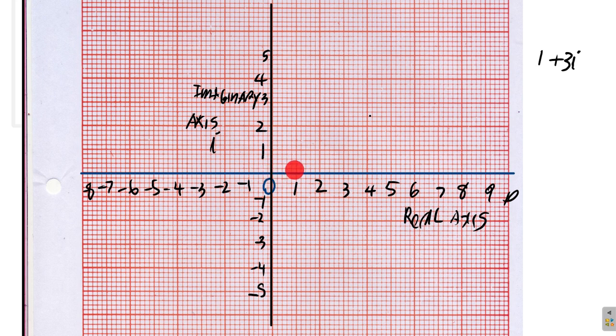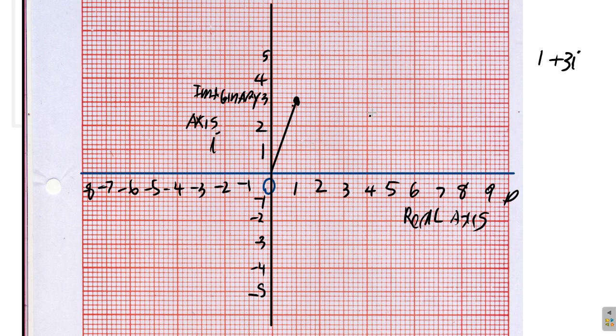Then this is 3i, so we go 1, 2, 3. So our complex number would be located right there. Alright? So 1 plus 3i is here. And you put a dot to represent this.